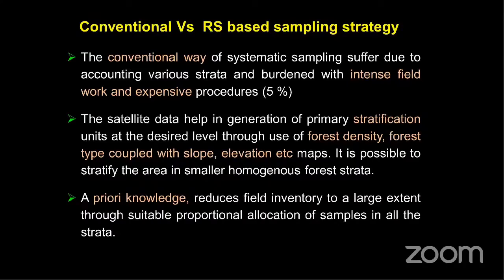Satellite data help primarily in stratification, maybe based on forest density, type, slope, or elevation, or any stratum unique to the particular study area, sometimes soil, sometimes slope, whatever is required.